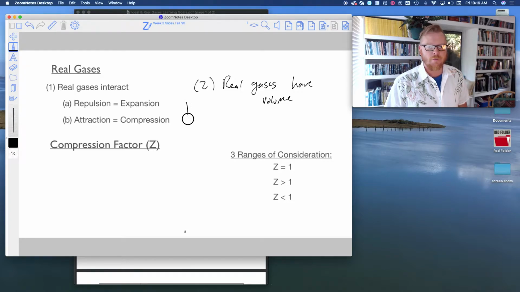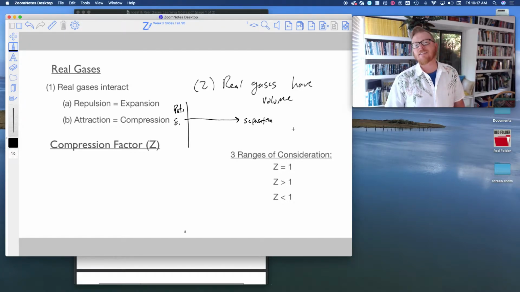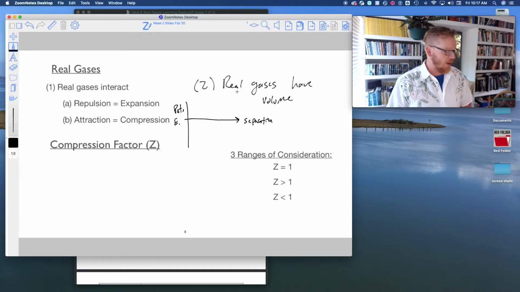Okay? If I draw a potential energy diagram, and we're going to get used to seeing these types of diagrams. So I'm just going to say potential energy on this axis. And then this axis, I'm just going to call separation. And by separation, what I mean is the distance between molecules or atoms.